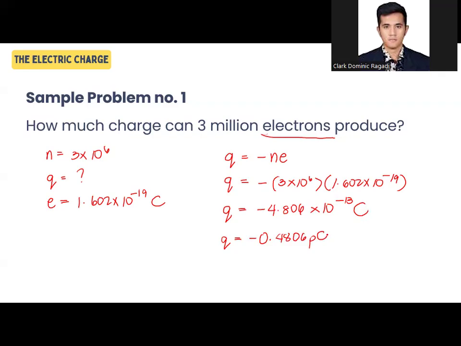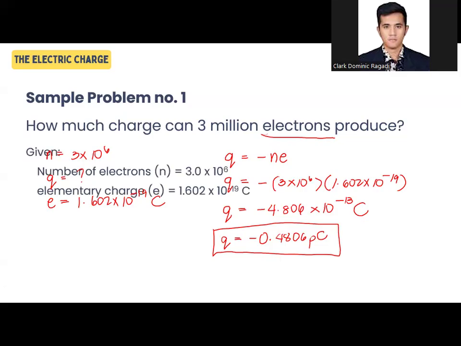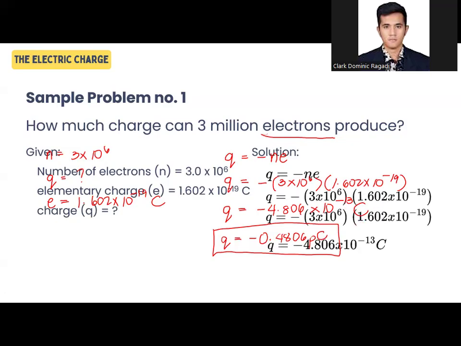So that would be our answer. Here's the solution that you can look at clearly once we remove the annotations. So that's our answer.